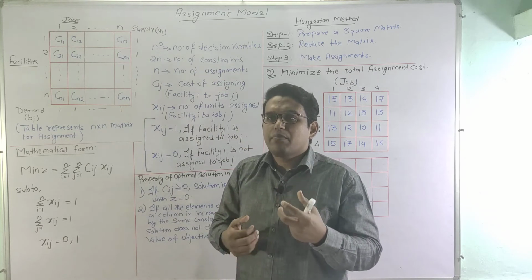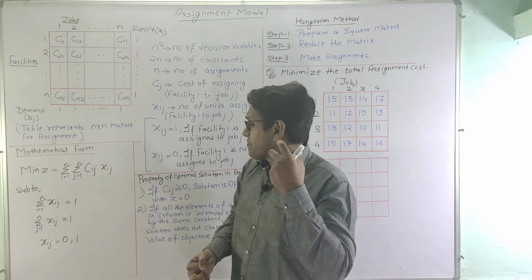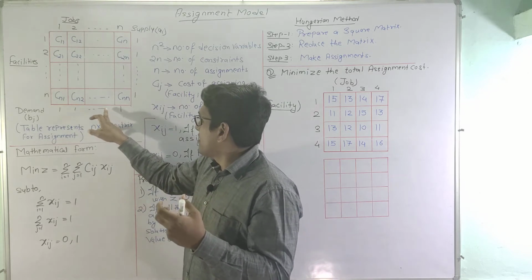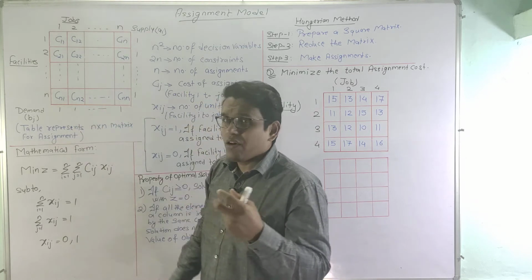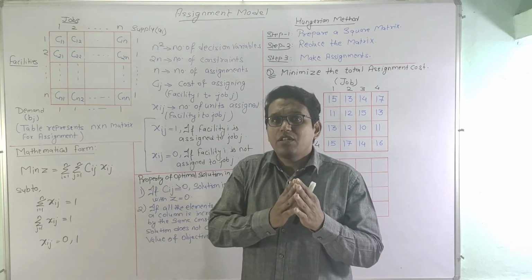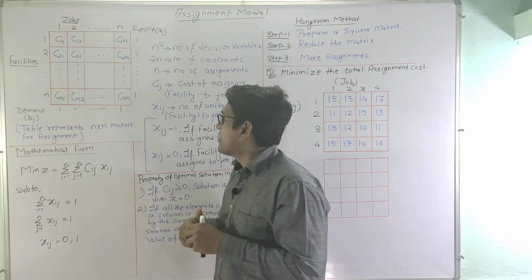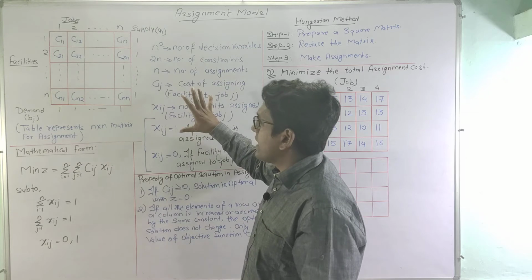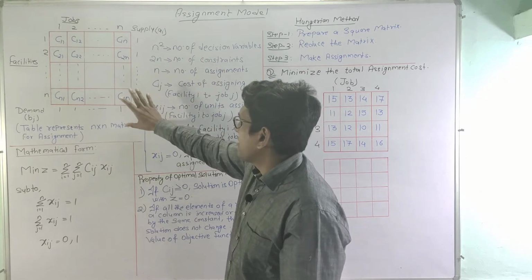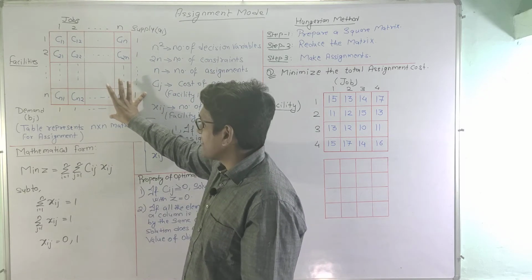This makes the problem very degenerate, which causes the calculation to go a long way. So in order to reduce that, we have made a new method which is called the assignment method.